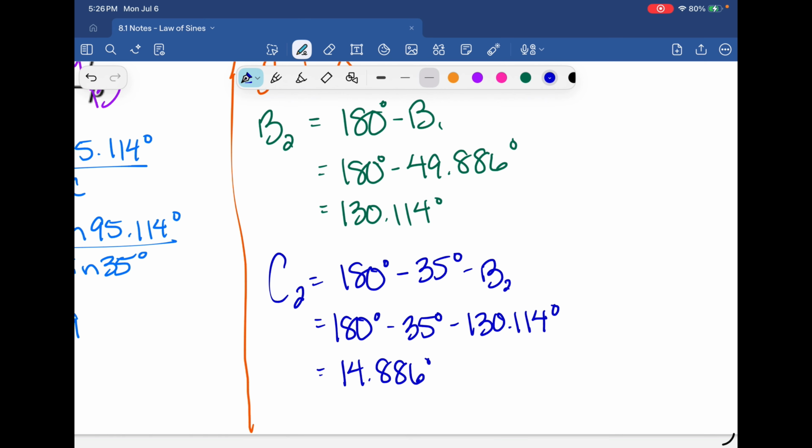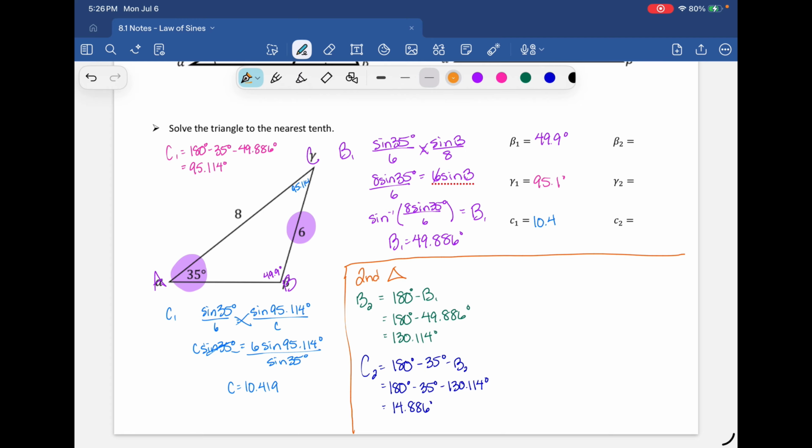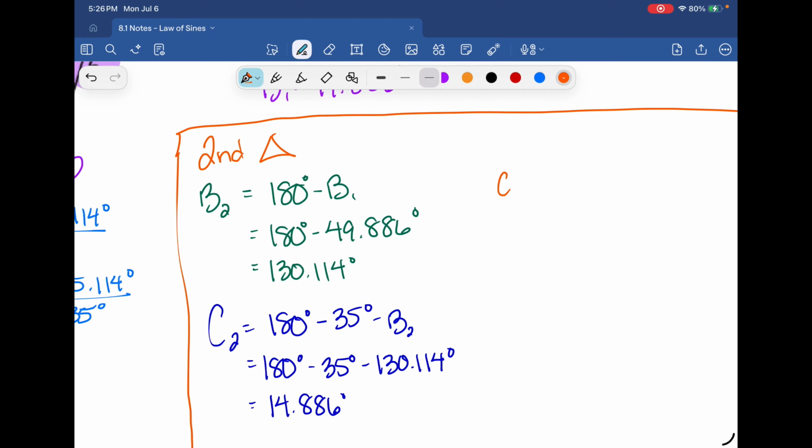Luckily, the only thing that's missing once you find that second triangle is side C, little c2.